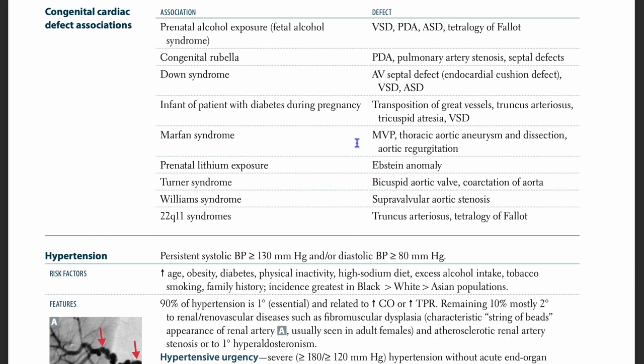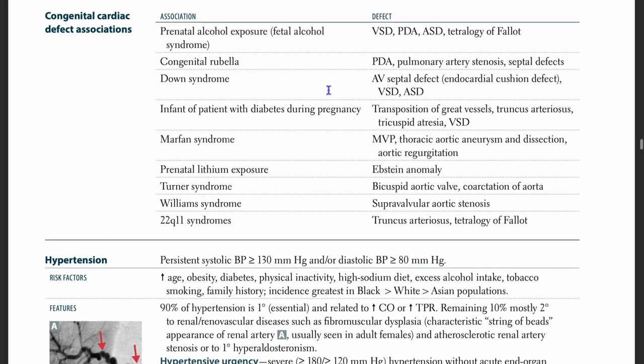Almost everything you can think of in the heart, you can have in prenatal alcohol exposure. Congenital rubella, you get PDA, pulmonary artery stenosis, and septal defects. So that's also VSD and ASD, PDA, and pulmonary artery stenosis.